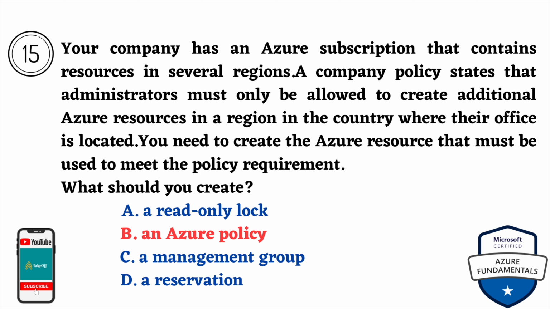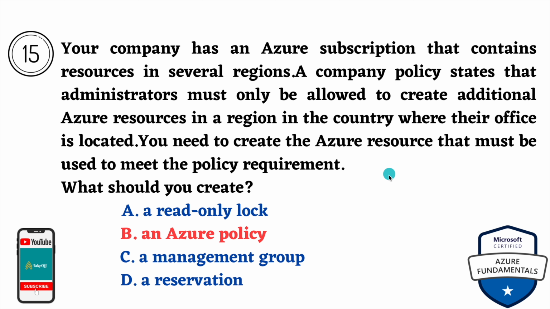So here the answer is Azure policy. Let's try to understand how it fits here. An Azure policy evaluates the resources in Azure by comparing the properties of those resources to business rules. These rules are described in JSON format and are known as policy definitions.